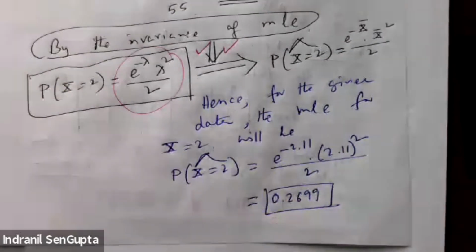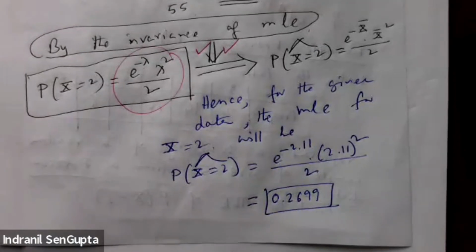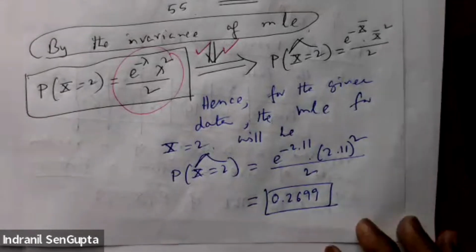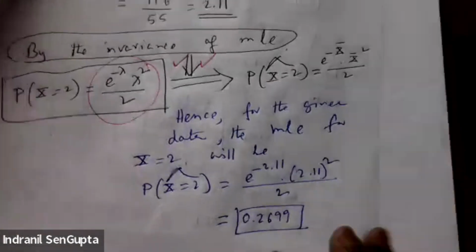So the maximum likelihood estimator for probability of x equals 2 would be this quantity. This is one of the ways of computing the maximum likelihood estimators, using the invariance principle.